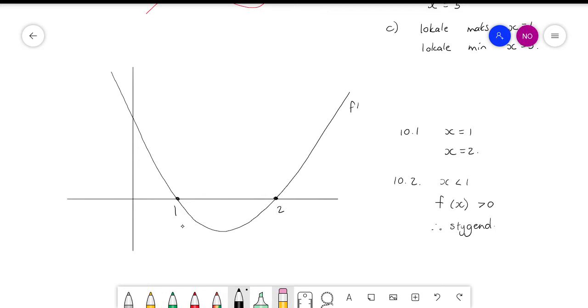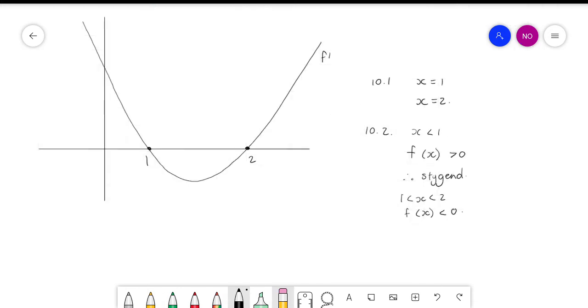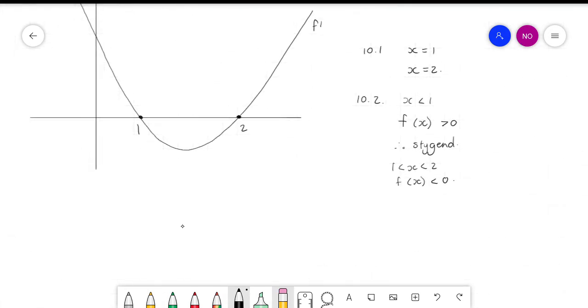And then for the interval x between 1 and 2, vier punte. So jy moet nou hulle vorm uitsit. Wat beteken hy's dalend?